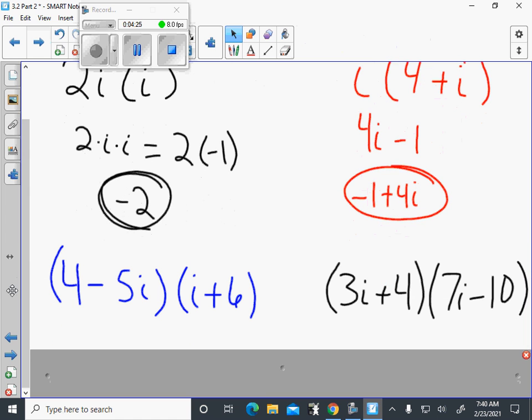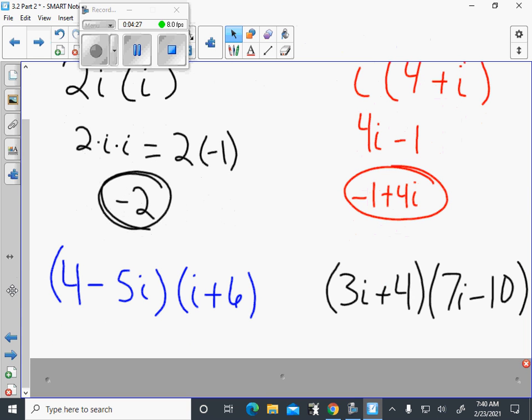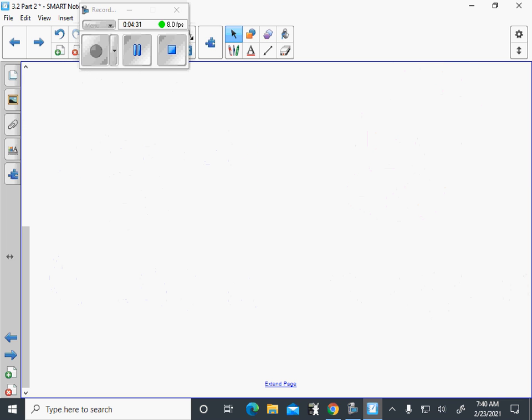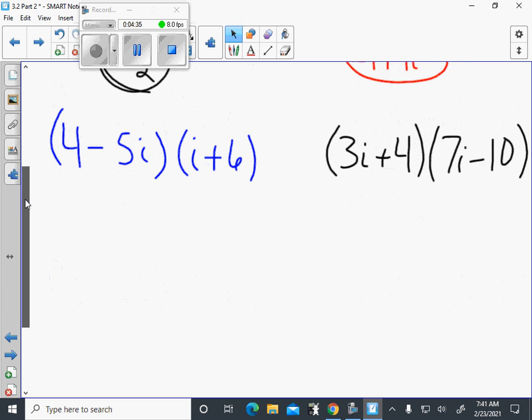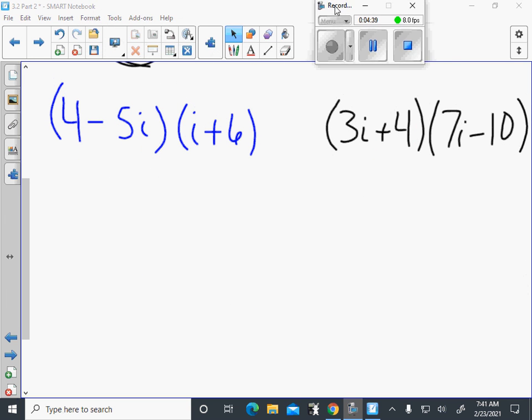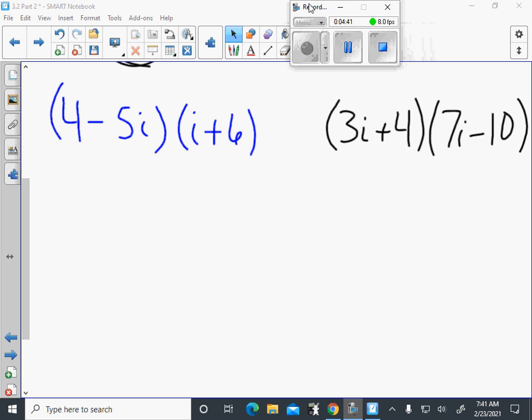Okay, let's see. What's down here? Ooh. All right. We have 2 binomials. Okay, 2 things in parentheses. We have to multiply these together. All right, which means we have to FOIL. FOIL. If you don't remember FOIL, write it down. I'm going to write it down here.